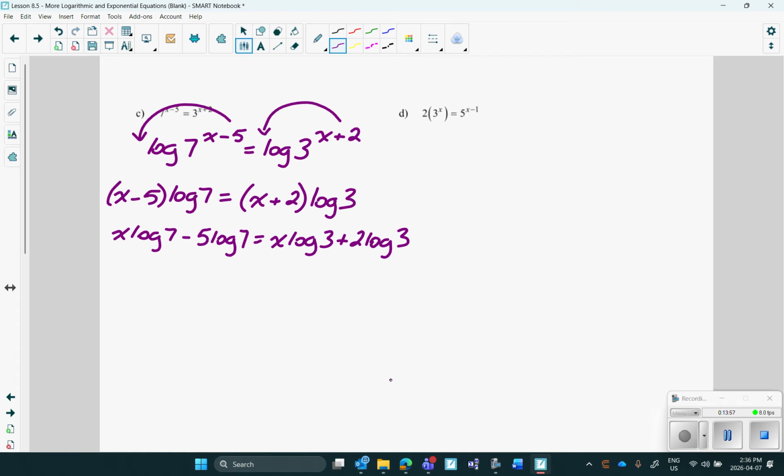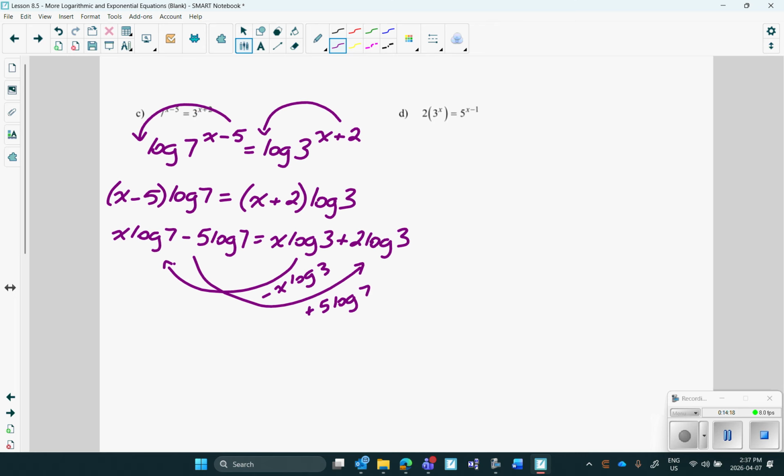Now we've got to swing a couple of things. I'm going to take this over to this side by subtracting x log 3. At the same time, I'm going to take this over to this side by adding 5 log 7.